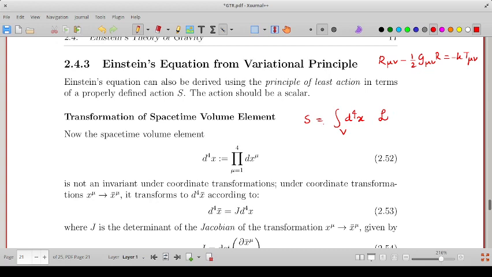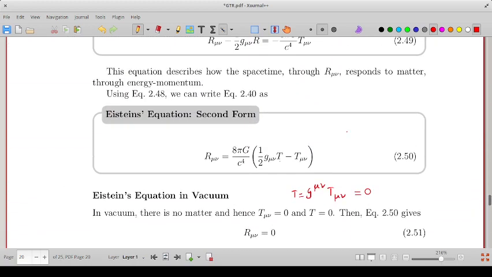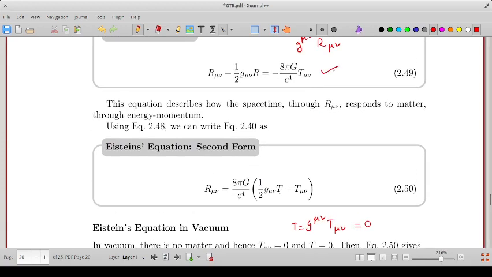Now we can find the set of values of the dynamical variables for which S is an extremum, and we want the resulting equation to be the Einstein equation.